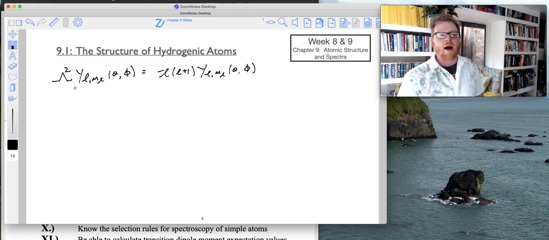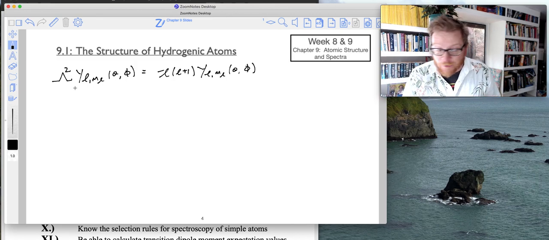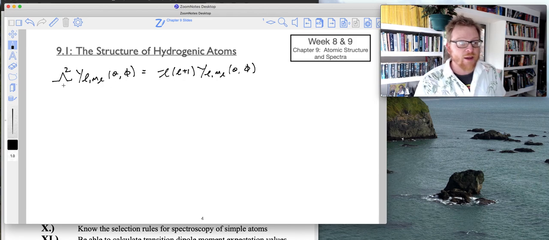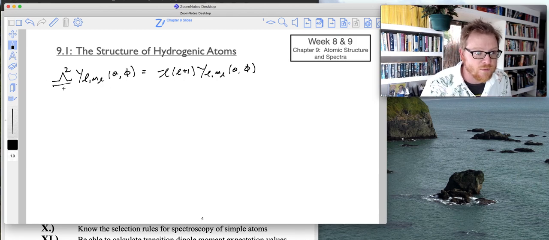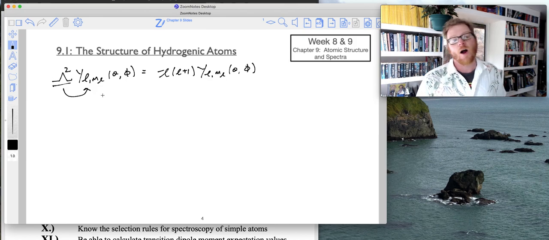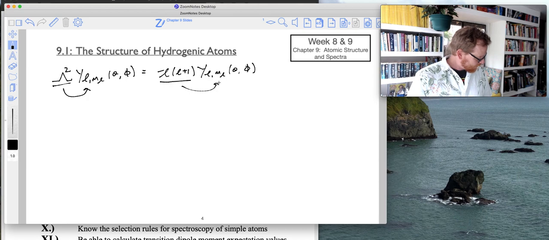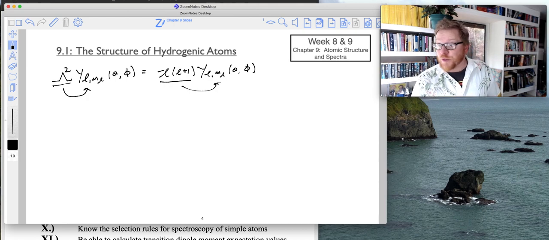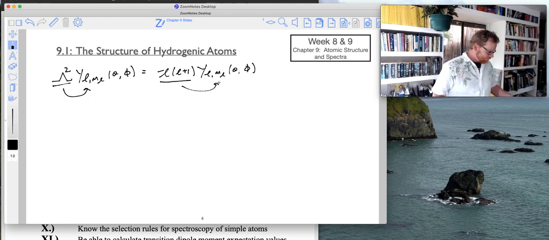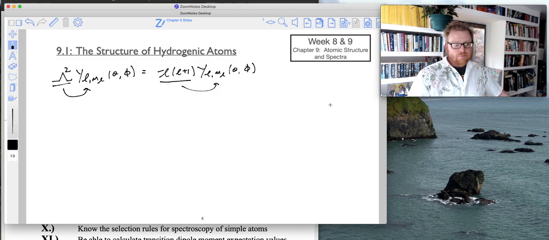So basically my Legendrian squared operator, right? If you notice the way this is going, the Legendrian operator operates on the angular wave function, and I get back an eigenvalue and the original wave function. Okay, great. So we've already solved that. We did that in the other section.